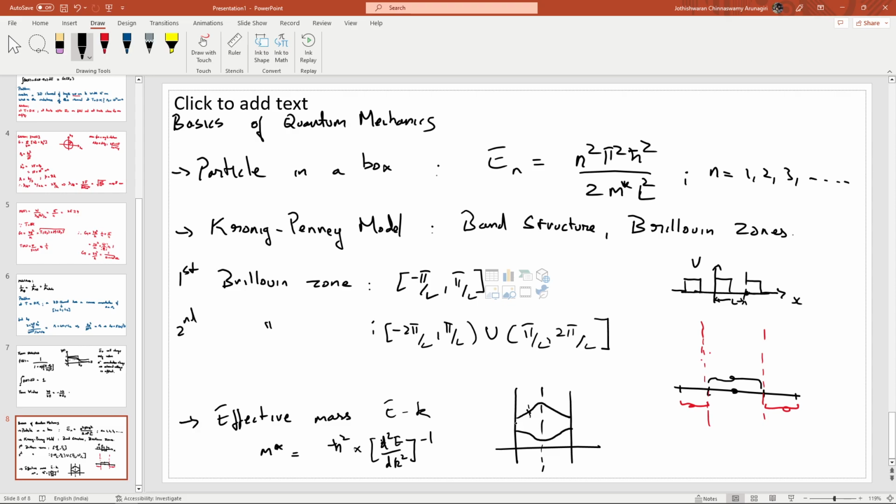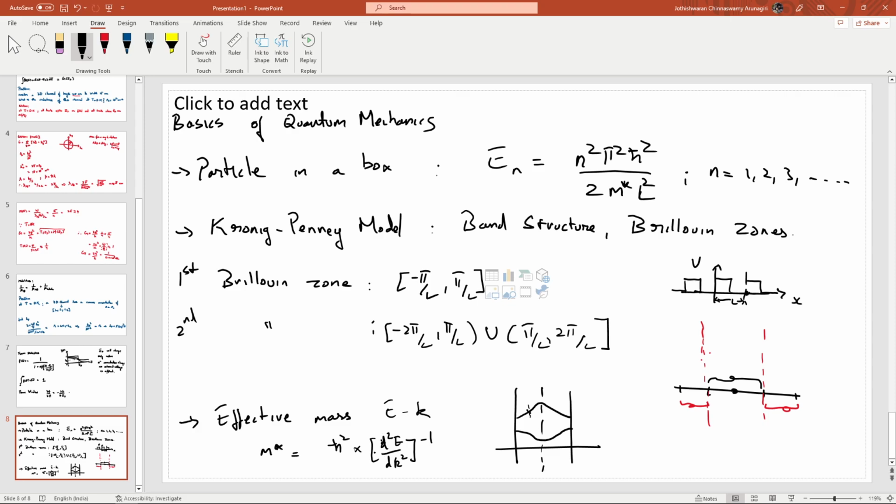What is the value of the effective mass at the minimum? Are you asking whether it is negative or positive? Like what will happen in the middle of the band? Yeah, you're taking the right approach. So at the band minimum, what is the sign of the second derivative? This is calculus.